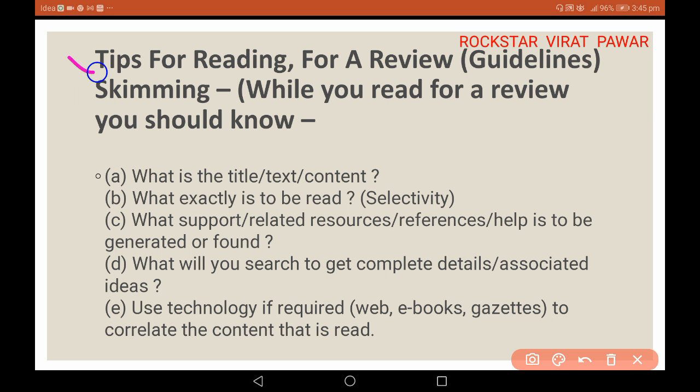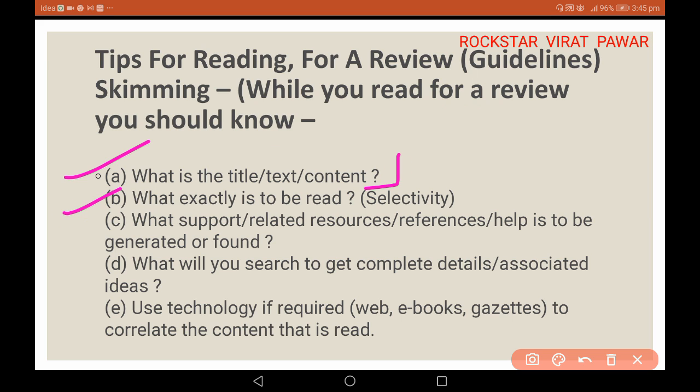Tips for reading for a review. How do you review any book? Guidelines like skimming. While you read for a review, you should know the skimming technique also. If you read the whole book without understanding for what purpose you are reading, that is a blunder you are making. See what the title, text, and context are.